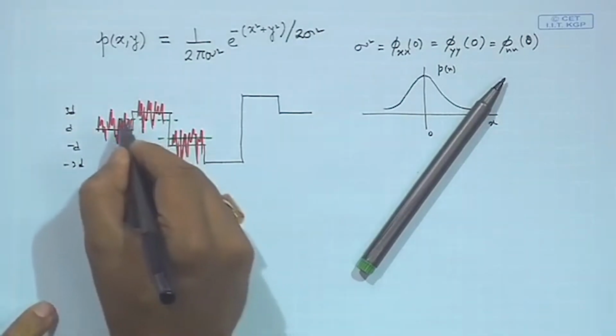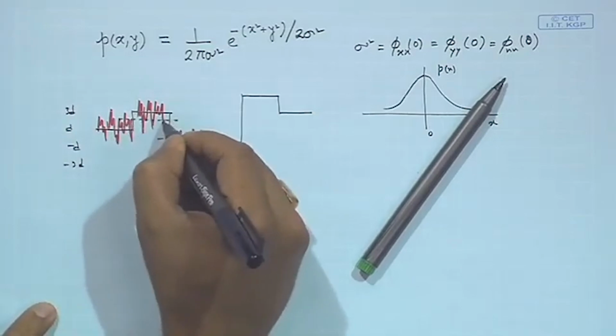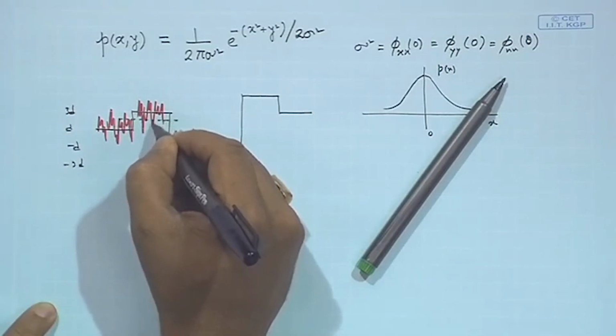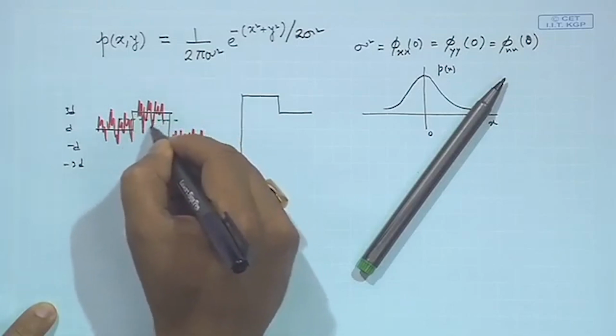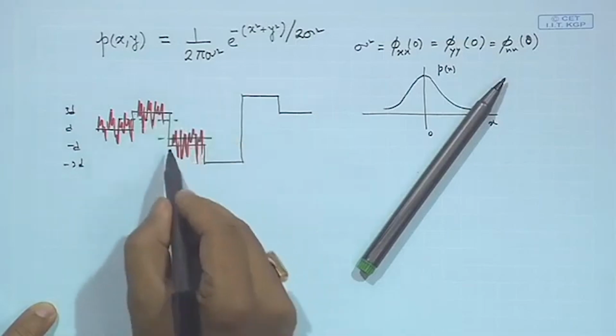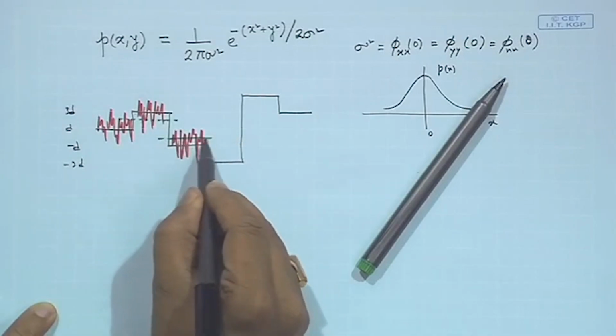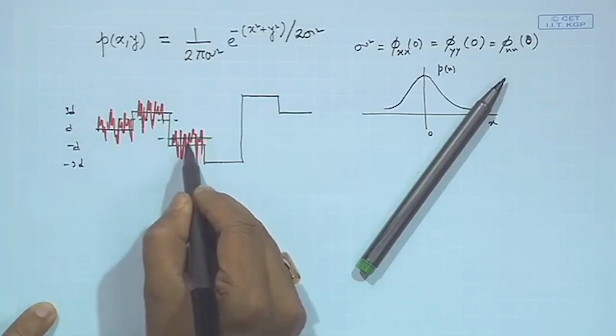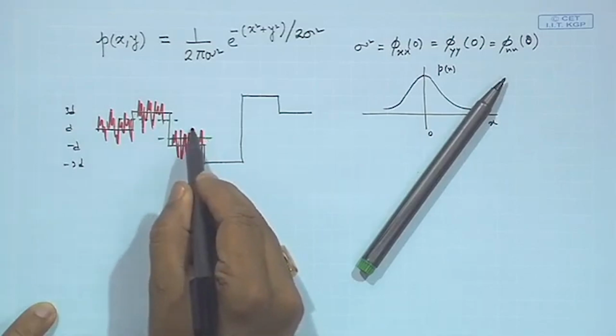If the signal falls below this decision level, I would detect the signal level as D, whereas if it goes above this level, I would detect it as plus 3D. Similarly, if it falls below this level, I would detect it as minus D, and if it goes above the level, I would detect it as D.